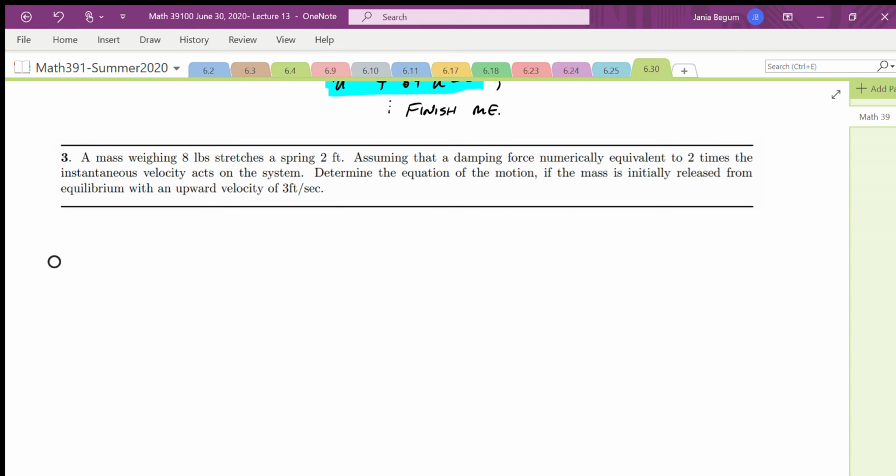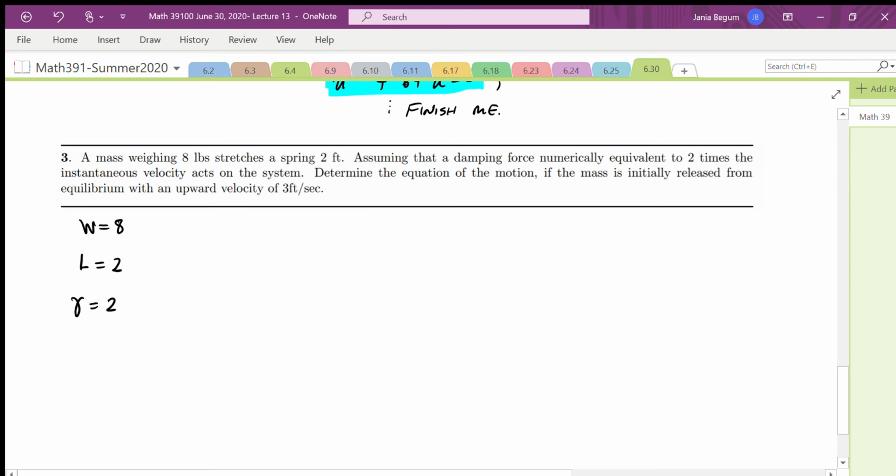Okay, so let's start. We have a mass weighing 8 pounds, so we know W is equal to 8. It stretches a spring 2 feet, so big L is 2. Assume a damping force numerically equivalent to 2 times the instantaneous velocity, so we're given a damping constant, gamma, which is 2.